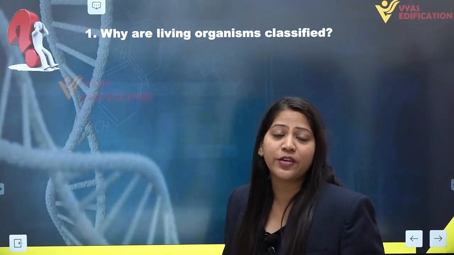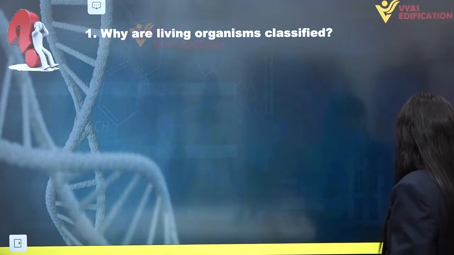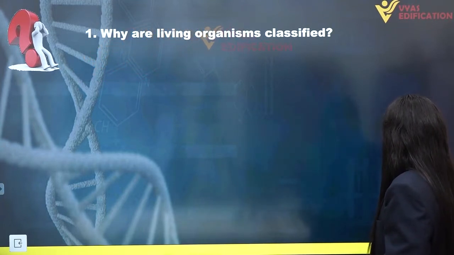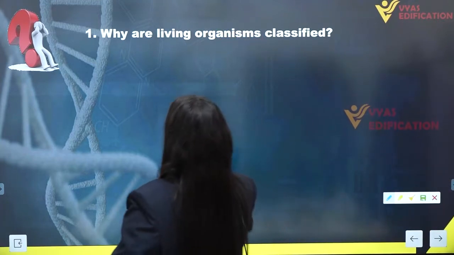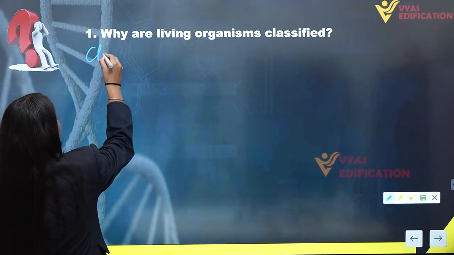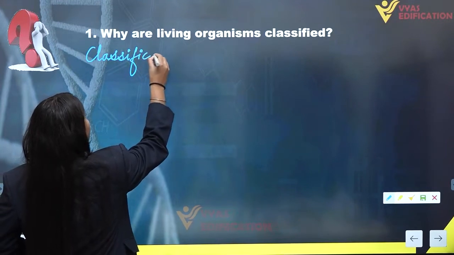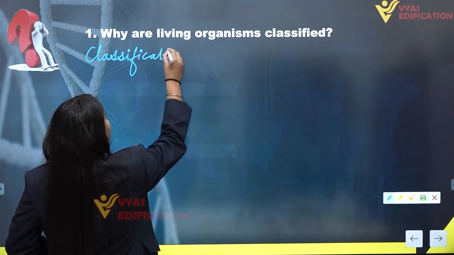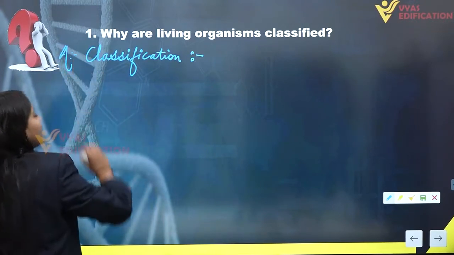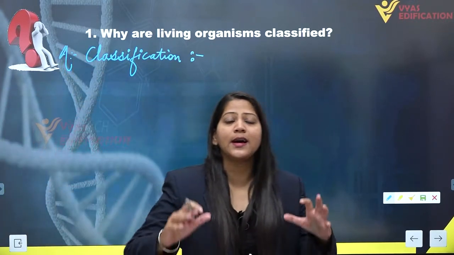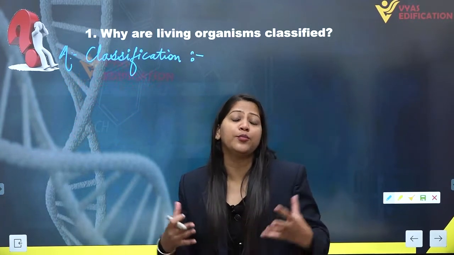So the very first question we have is, why are living organisms classified? So first of all, you all need to understand what classification is. You all know the basic definition of classification, that classification is actually a whole set of system which includes different processes.